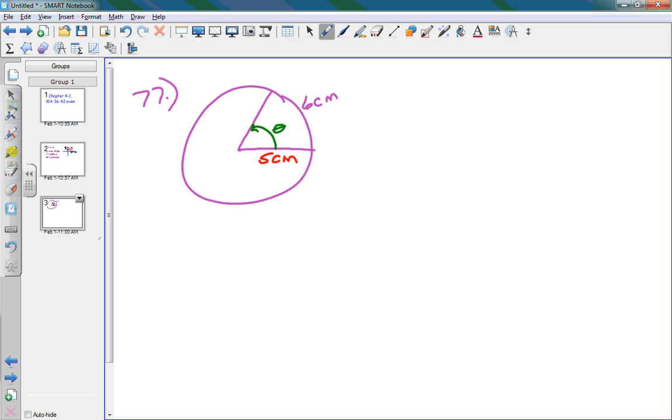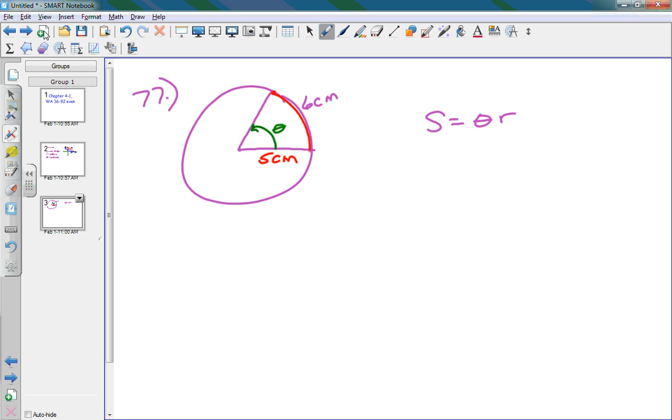Do we understand that? So what was the formula I just gave you? S is equal to theta times R, or R times theta, same thing. Theta is a Greek letter. Now, S is going to be your arc length.